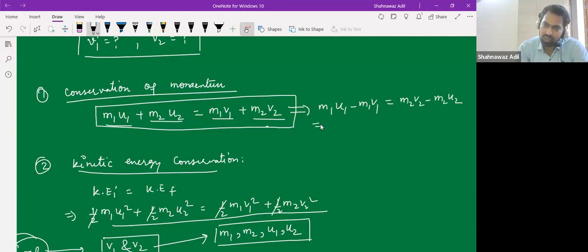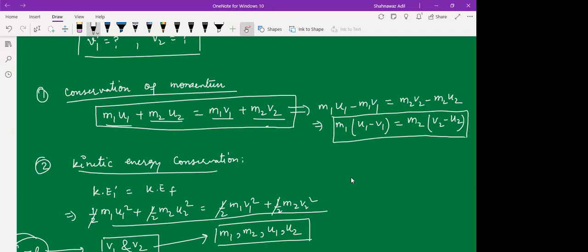So you can calculate that m1 times u1 minus v1 equals m2 times v2 minus u2, right?